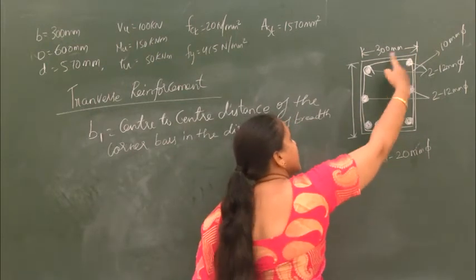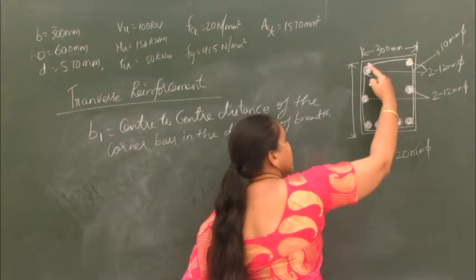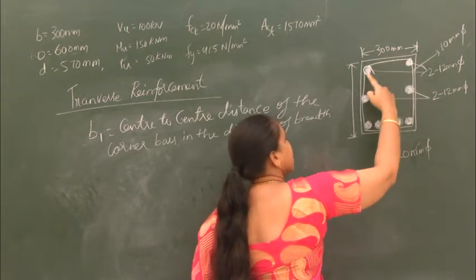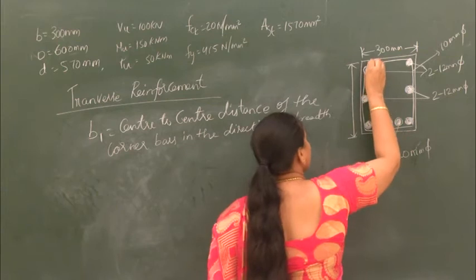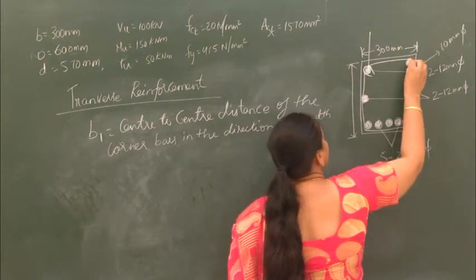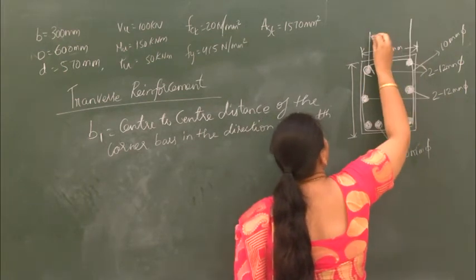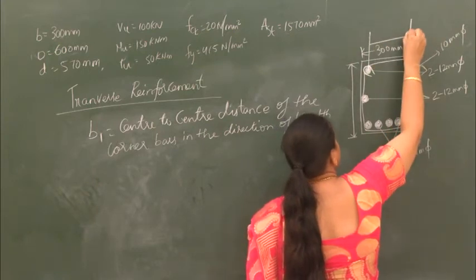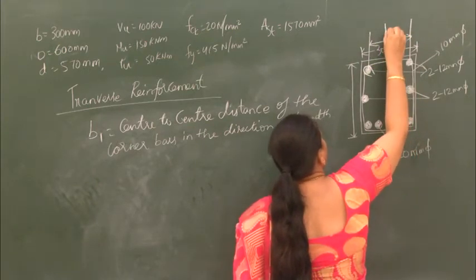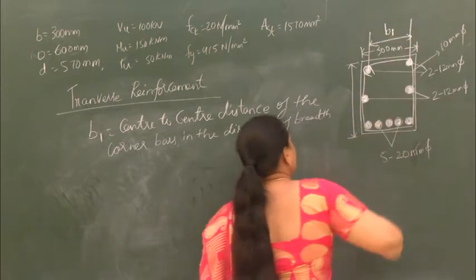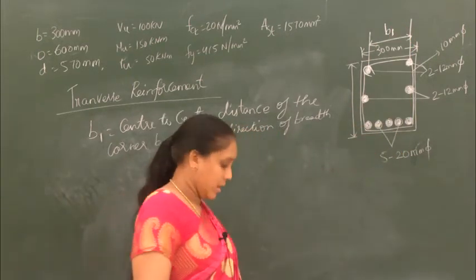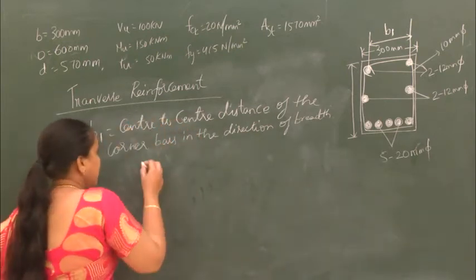This is the direction of the breadth. So these are the corner bars, and the center to center distance is nothing but B1.